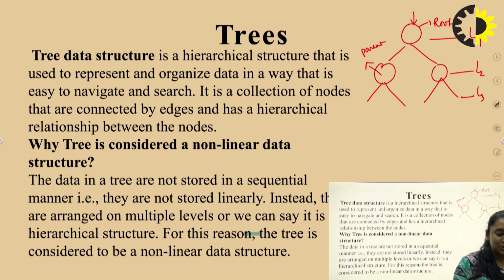So why is a tree considered a non-linear data structure? Because the data is arranged hierarchically rather than sequentially, whereas arrays, linked lists, stacks and queues are linear data structures, because all their data can be represented in a linear way. Trees are not stored in a sequential manner; they are arranged across multiple levels.